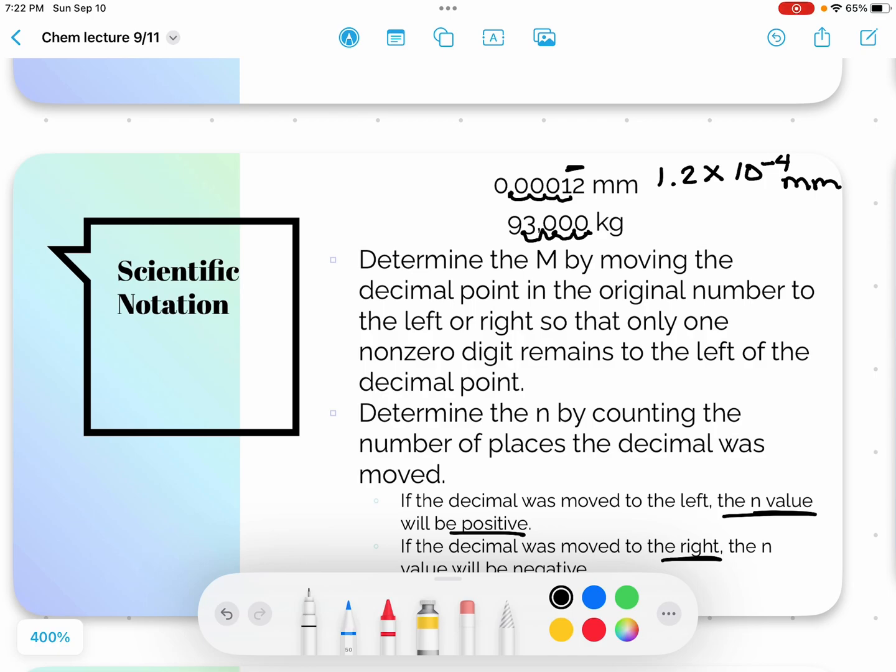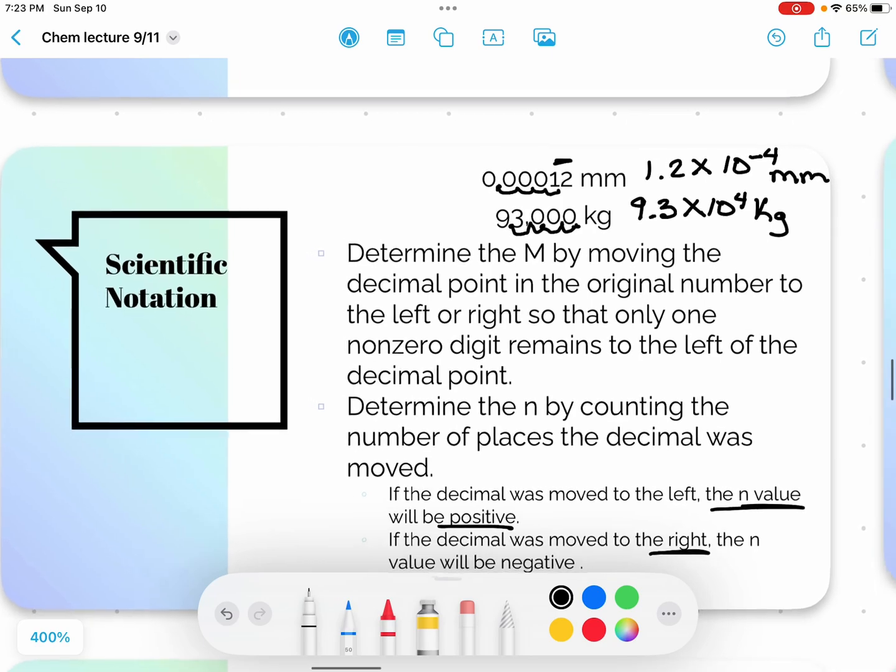Initially there was no decimal there, but since I came in, there are only two significant numbers. So it'd be 9.3 times 10 to the 1, 2, 3, 4, positive 4 kilograms, because I moved it to the left.